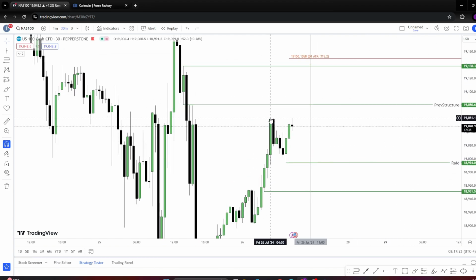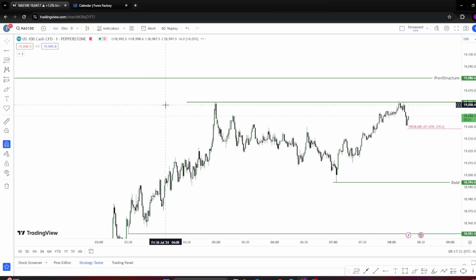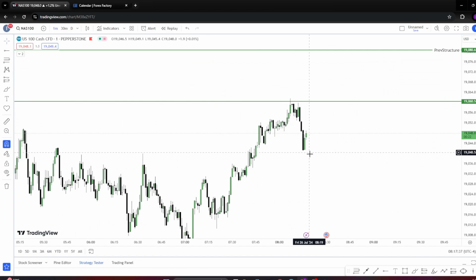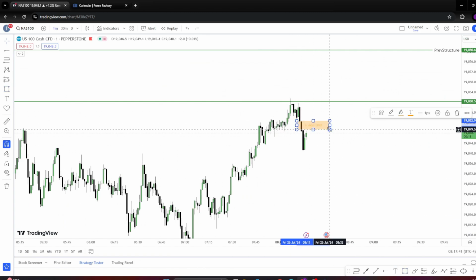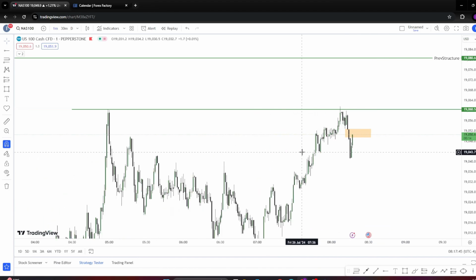Now, this level here is interesting, and we can just examine this on the lower time frame for educational purposes. You can see that we've purged this high. We're seeing a bit of a change in the state of delivery, but this wouldn't be anything that would interest me too much in terms of looking for a trade, right?